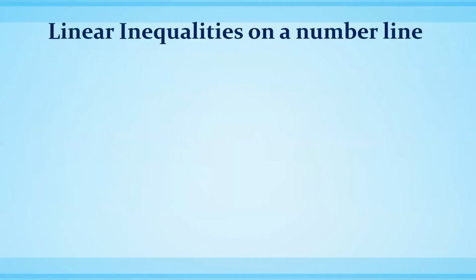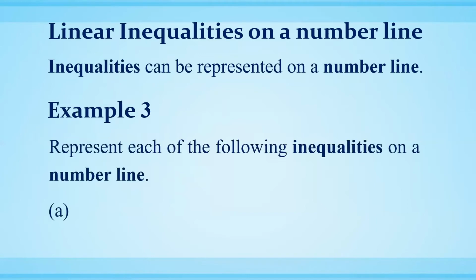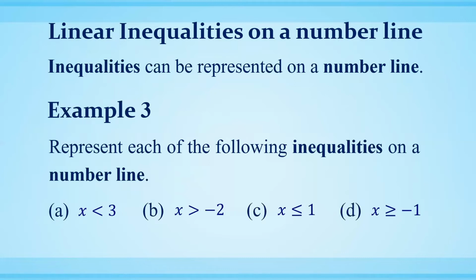Now we're going to have a look at how linear inequalities can be represented on a number line. Example 3. Represent each of the following inequalities on a number line. So we have 4 parts. Let us have a look at the solution for part A. X less than 3.